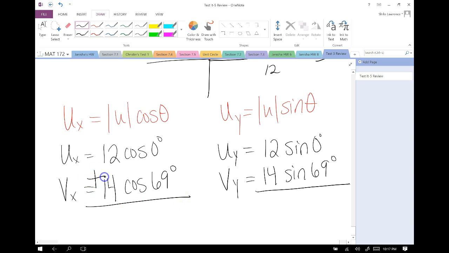And now I'm going to add these together. And I could type that straight in the calculator. 12 cosine of 0 plus 14 cosine 69. And 12 sine of 0 plus 14 sine of 69. This is going to give me components for my answer, which we call the resultant. And I'm going to type the whole thing straight in the calculator.